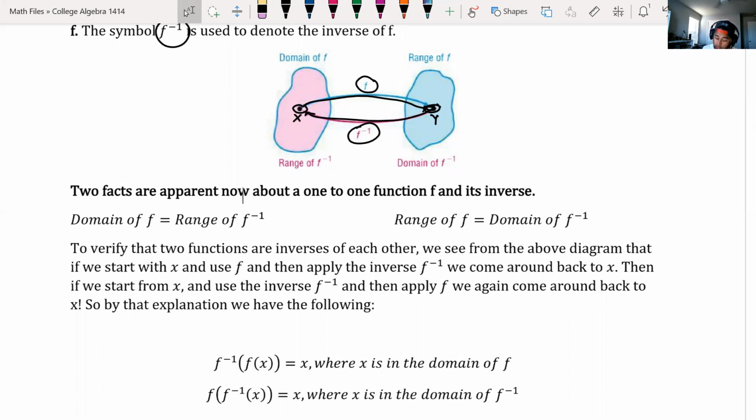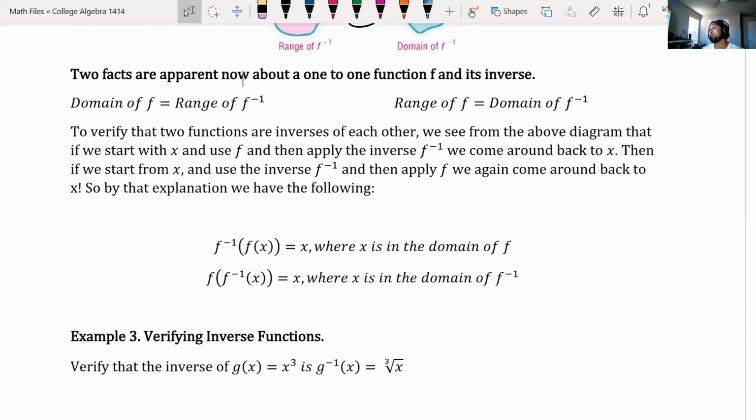This means the only way to prove that you have true inverses of each other is to use a method we learned last class, compositions. If the inverse composes with the original function f of x, and if they are true inverses of each other, they will always cancel and leave you with x.